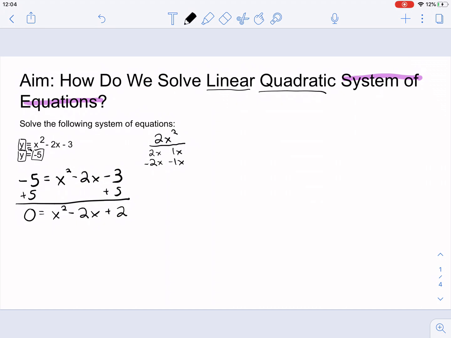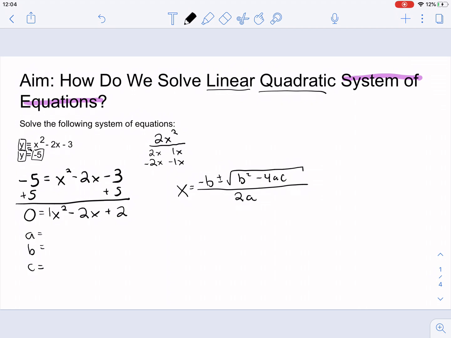So now I'm going to solve this using my quadratic formula, which is x equals negative b plus or minus the square root of b squared minus 4ac, all over 2a. I'm going to identify my a, b, and c.